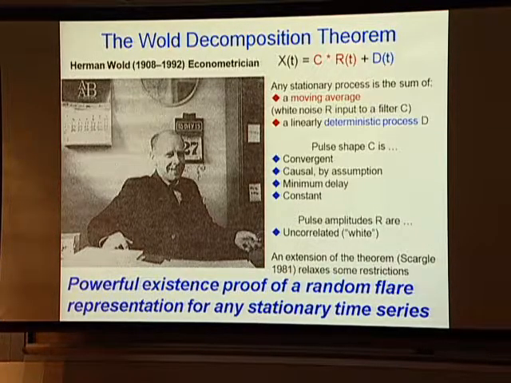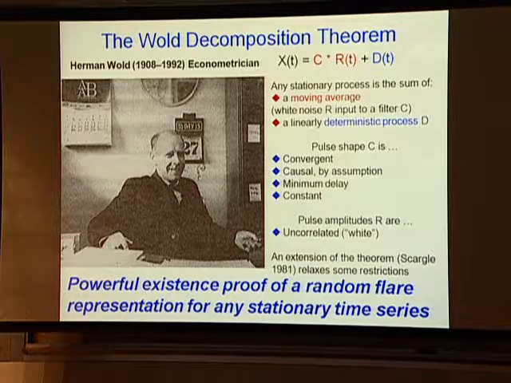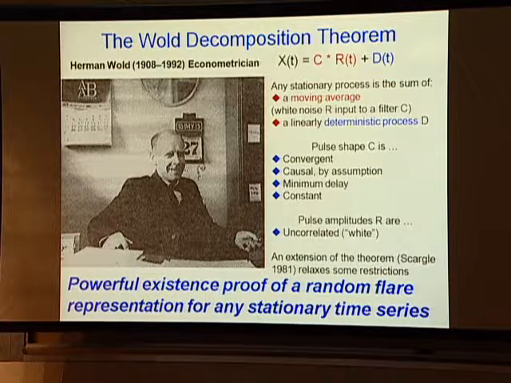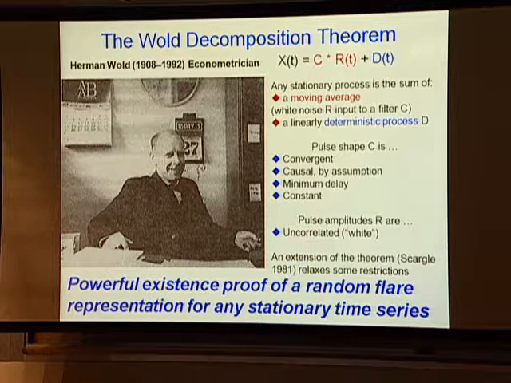But for astronomy, what it really is, is a representation proof that any stationary process can be represented in this very simple way as the sum of two parts, one of which is completely deterministic, the blue part, and the red part is completely random.